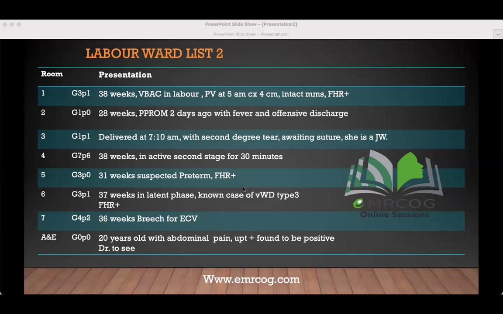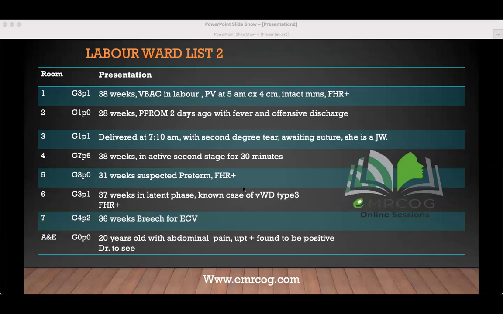Also urine will be sent for dipstick test to see any infection, and also arrange the ultrasound scan to see the estimated fetal weight. And if this is actually suspected preterm, the patient will be informed about the pros and cons of preterm delivery and regarding the mode of delivery.